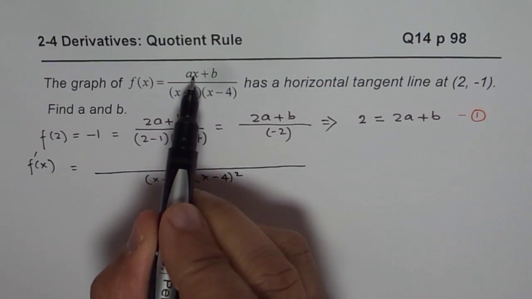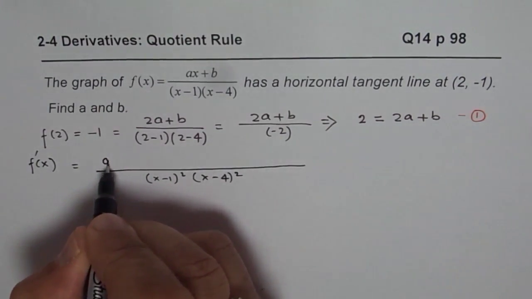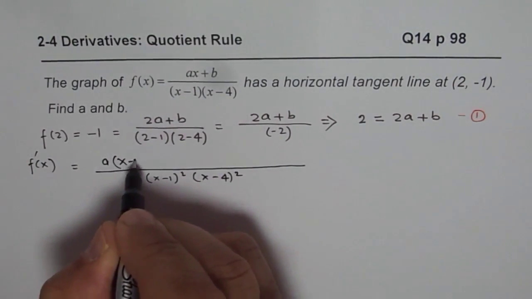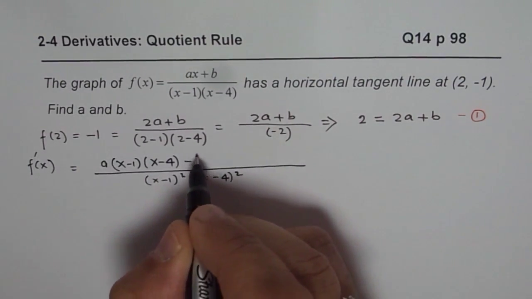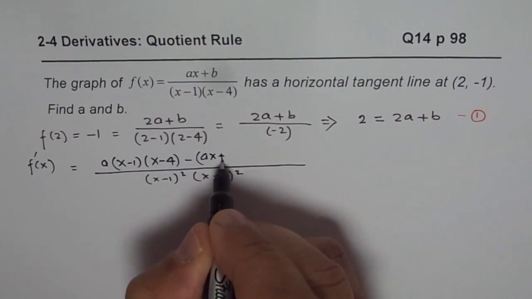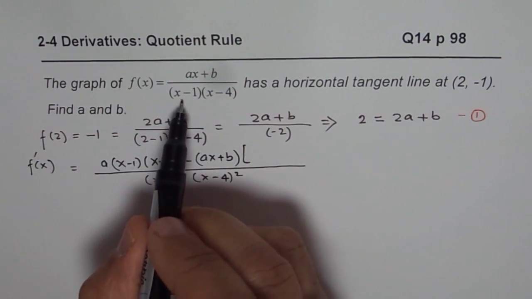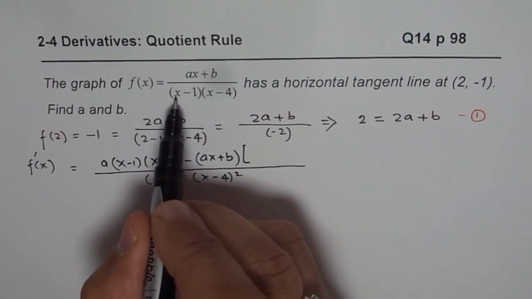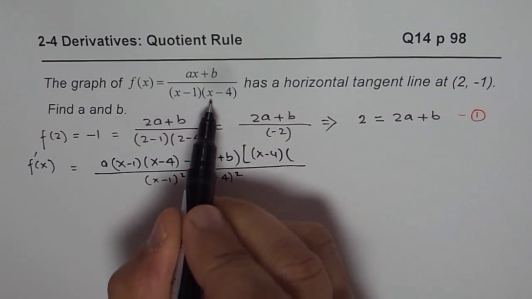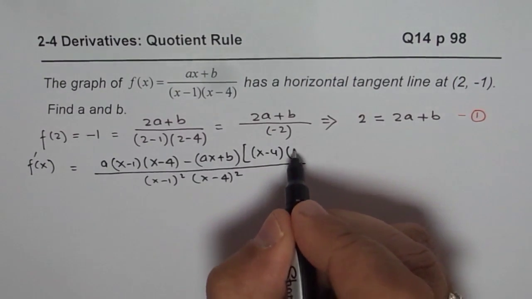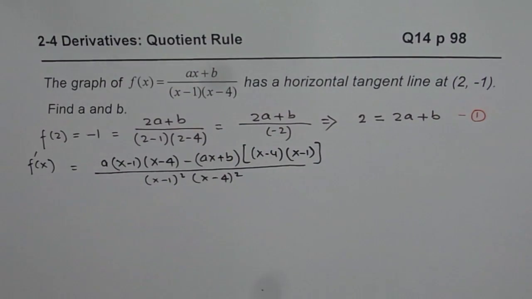In the numerator we have the derivative of the first term, ax + b, which is a, times the denominator (x - 1)(x - 4), minus the first term ax + b, times the derivative of the denominator. We'll use the product rule: the derivative of x - 1 is 1, so we're left with (x - 4), and the derivative of x - 4 is 1, so we multiply this by (x - 1). So that becomes the derivative.